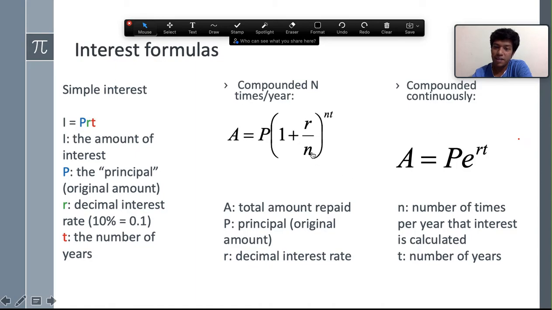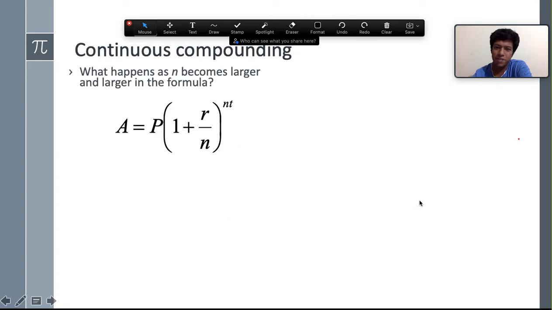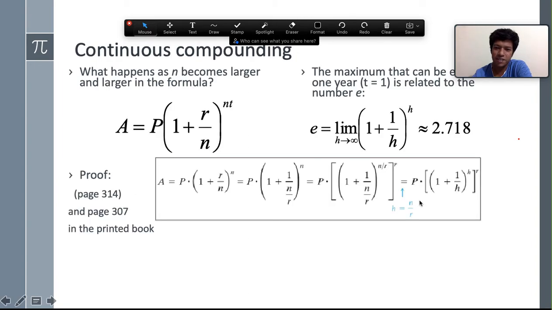In that case, if it is every second, we can calculate how many seconds you have in a year and put n equal to that value here. And then someone says that not only every second, I will give you interest every microsecond, a fraction of a second. Let me show you the next page so that you can connect it here.